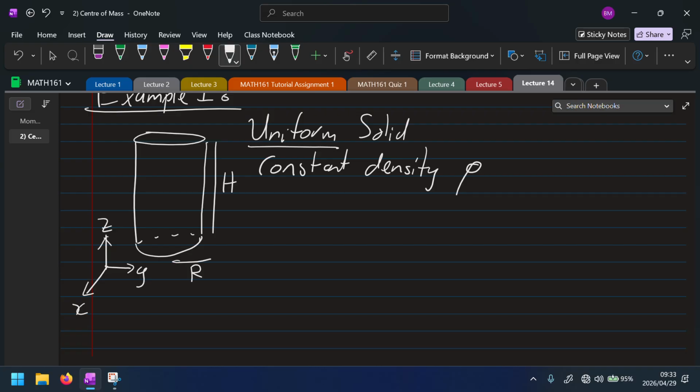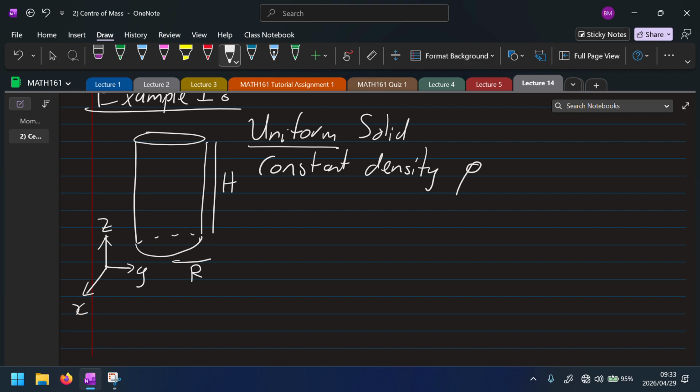So what do you think the values of x and y should be for the center of mass? Just like a gut feeling. You've got a uniform solid. Where do you think the center of mass should be for x and y? 0. Yeah, 0, 0. Should be right in the middle. What about z?